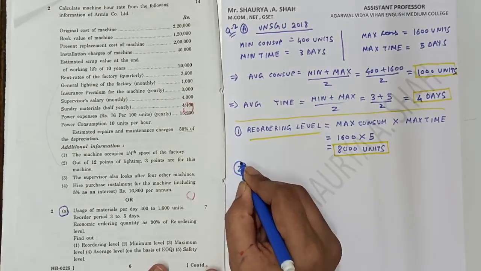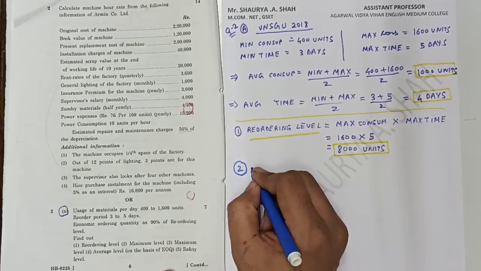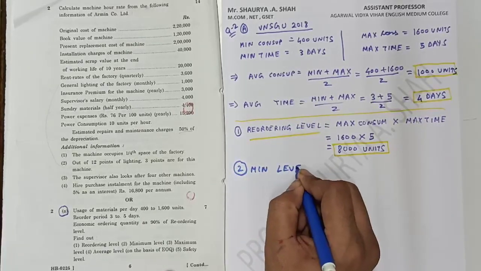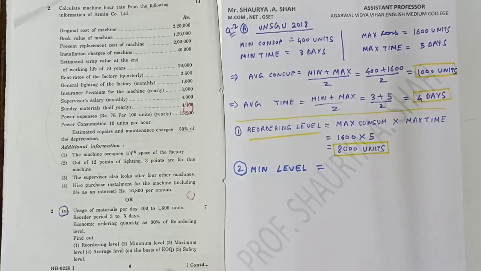We'll be starting with the second point which is asked in the sum. What is the second point? Second is your finding out minimum level. In exam it is compulsory to write down the formulas. Minimum level. What is my minimum level?